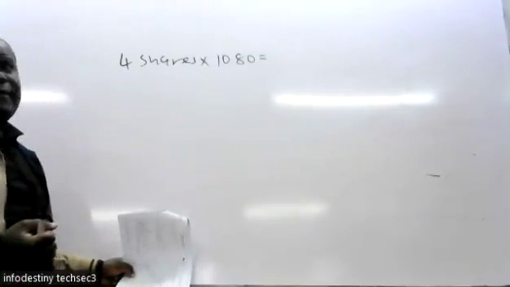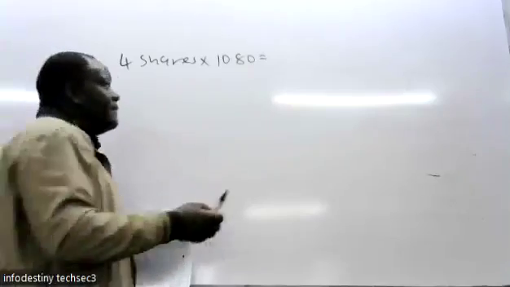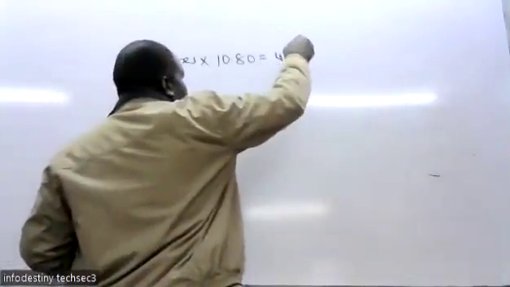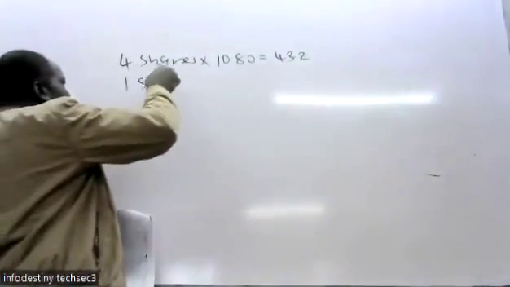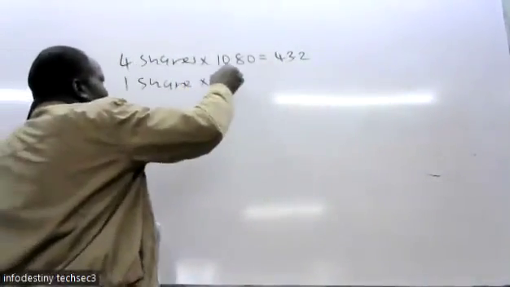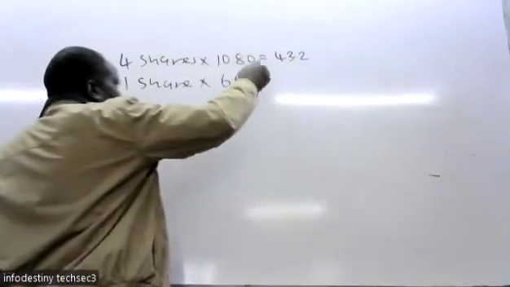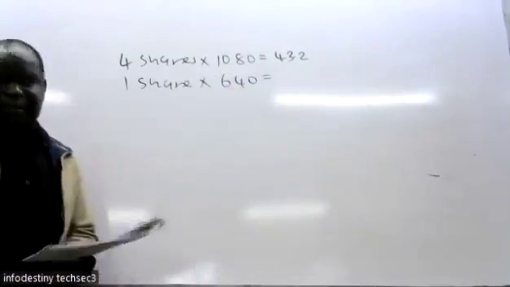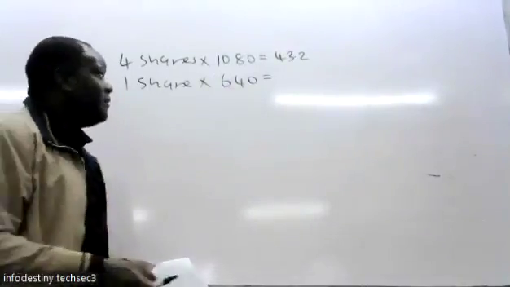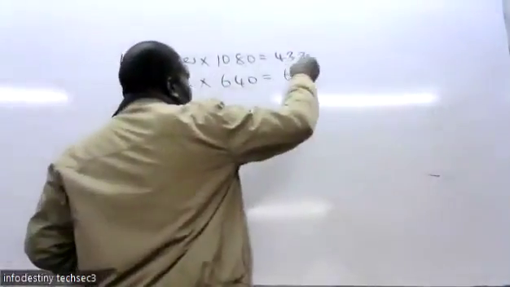That will give us 43.2. When you have 4 shares, you get 1 new share. The 1 new share is valued at the offer price or issue price, which was given as 6.4, so this will just remain 6.4.